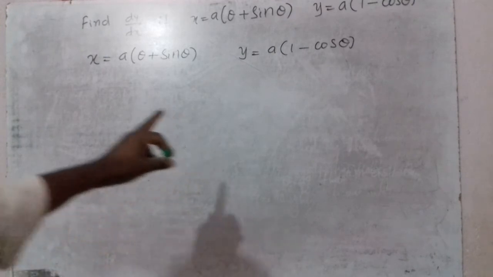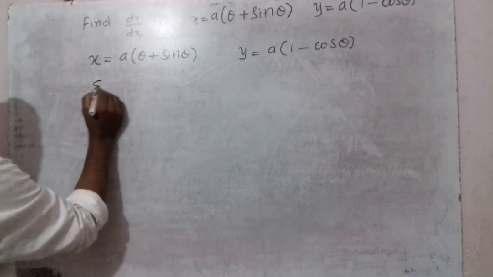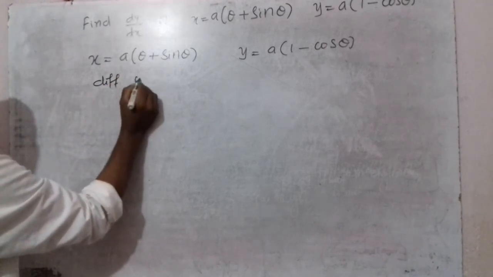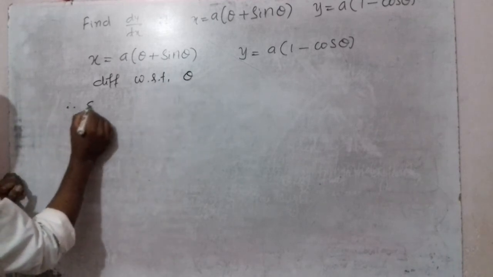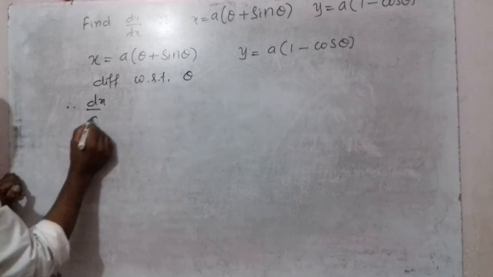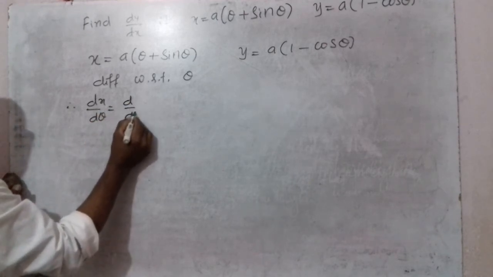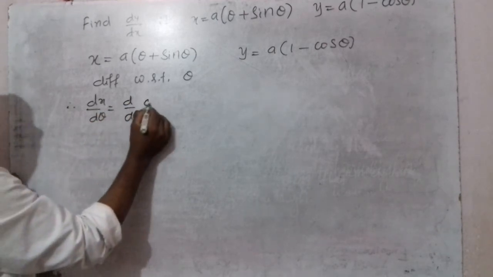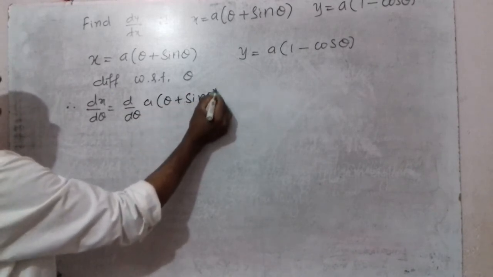The common parameter is theta, therefore we have to differentiate with respect to theta. dx by d theta equals d by d theta of a into bracket theta plus sin theta.